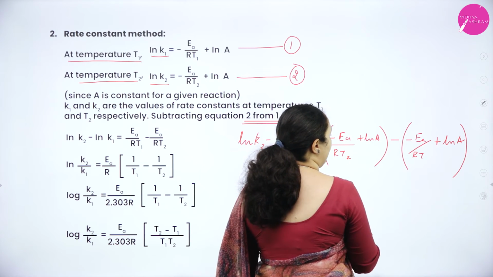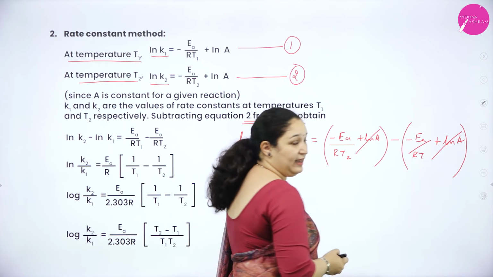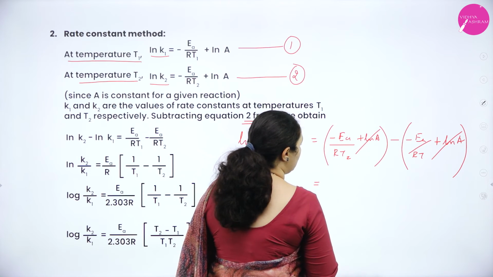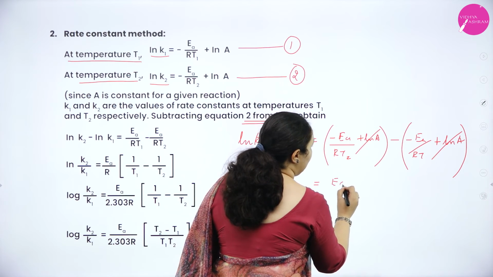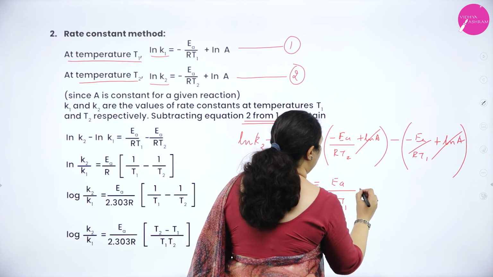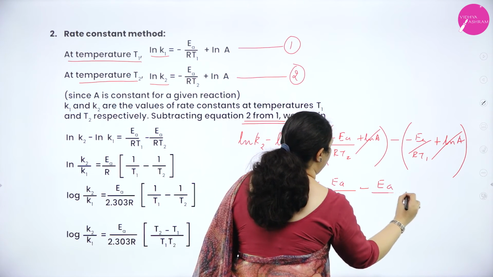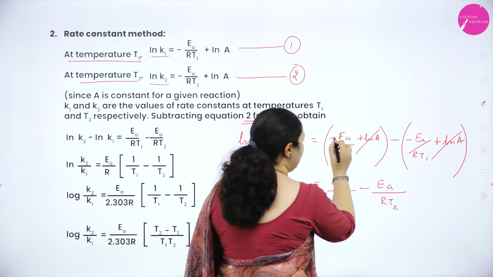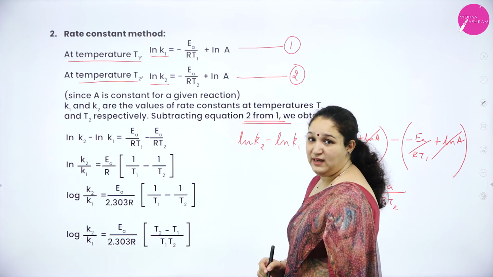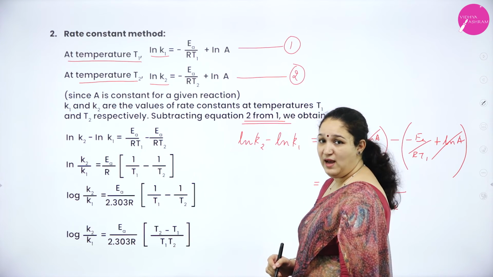Minus into plus is minus, so ln A and ln A get cancelled, and minus into minus is plus, so here I will get EA by RT1 minus EA by RT2. This minus sign remains as it is. That's why we have written it like this: EA by RT1 minus EA by RT2.